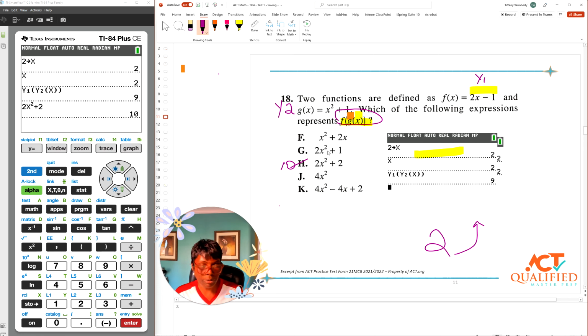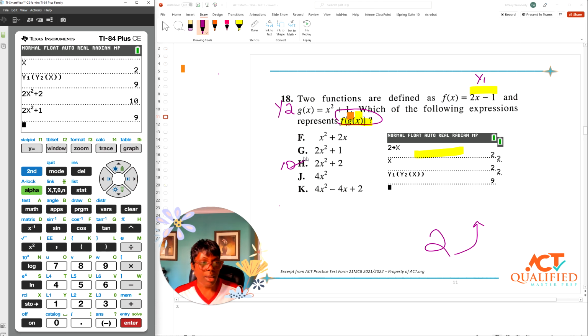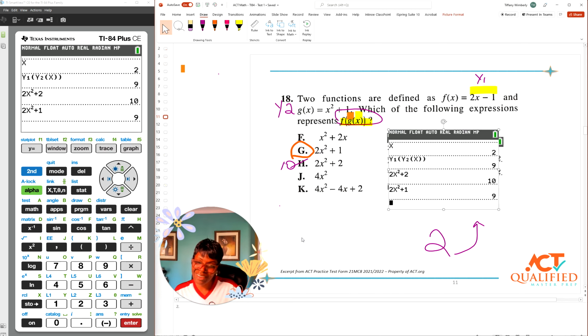So let's go up to G, 2x. Now remember, 2 is stored in x. Plus 1, hit enter. And you can see there, G is our answer. G is the answer, guys. Let's clean this up a little bit so that you can see it. G is the answer.